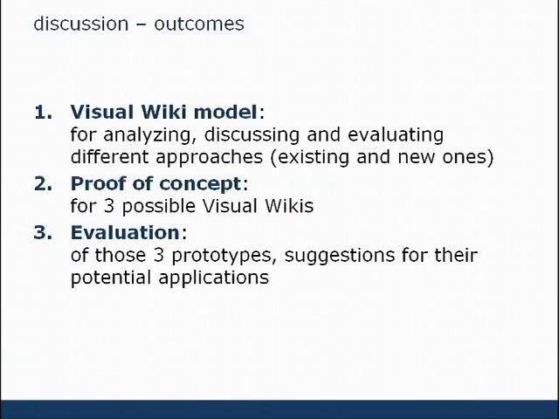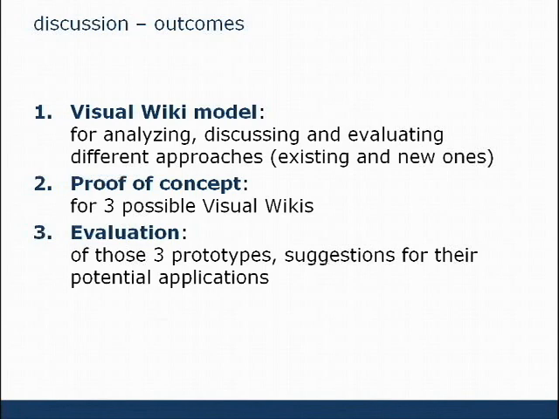So if we just look at a bit of a summary now in terms of where we've got to. First of all, what we've come up with is this Visual Wiki model. And this sort of theoretical model allows us to analyse and discuss and evaluate different approaches to what a Visual Wiki might actually mean.